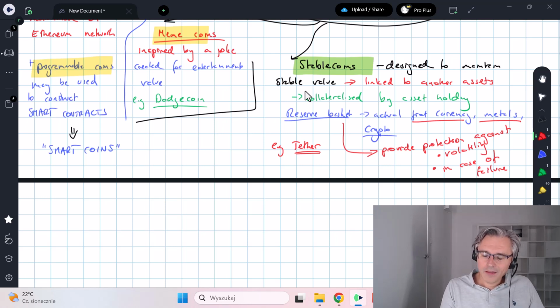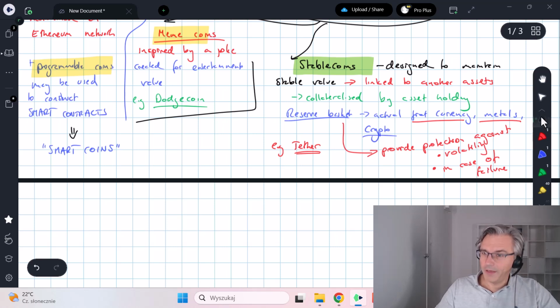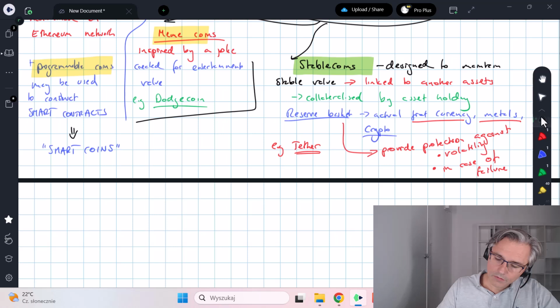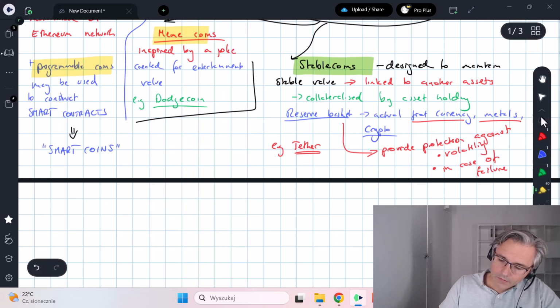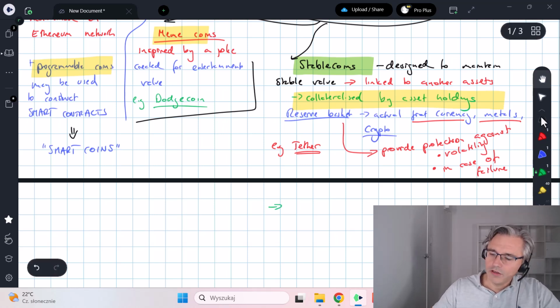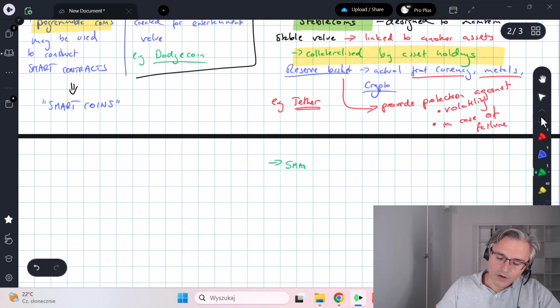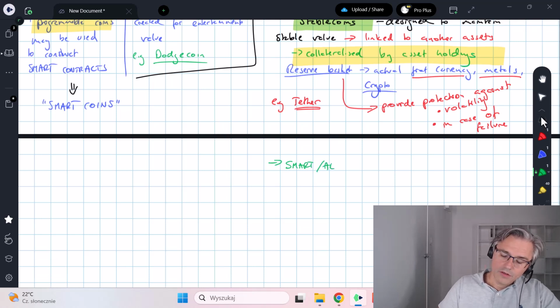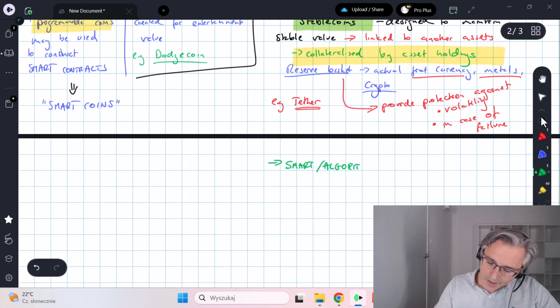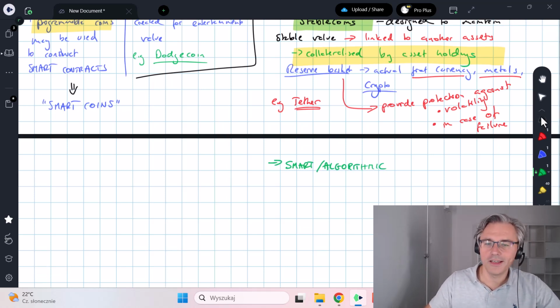Now, another way to stabilize these so-called stable coins is to try to do it in an algorithmic or smart way. So it may be collateralized by asset holdings, i.e. the reserve basket, but also you may try to achieve this stabilization in a smart or algorithmic way, which gives rise to algorithmic, apologies for that, stable coins.